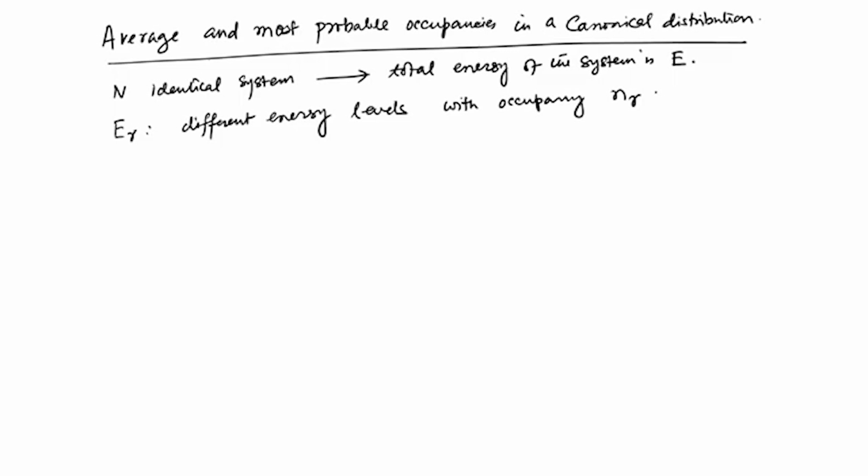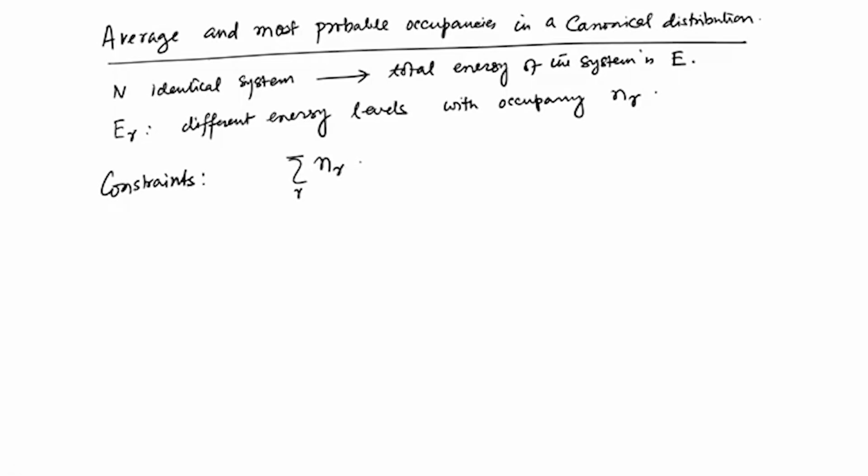Now, this 1 and 2, these are dummy indices. So, you can assign any number of particles to any energy level, but subject to the constraint. So, the constraint conditions are that the total number of particles is constant.